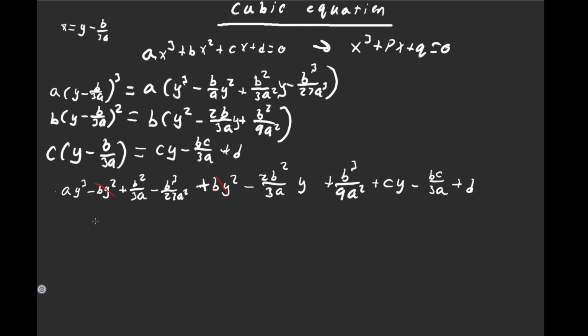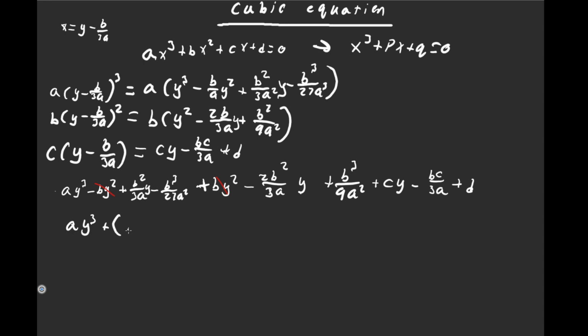And we will now group terms and factor out some terms. By doing that, we will get a y cubed plus, let's look at the c terms first. This has y as well.